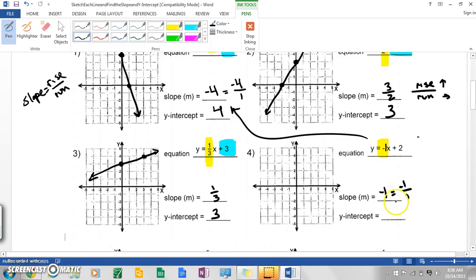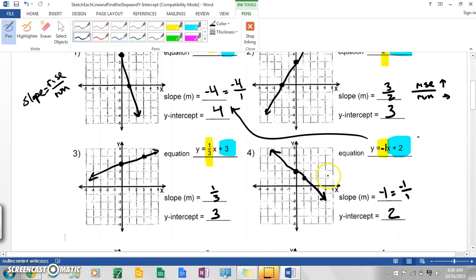So the slope in this case is negative 1, or negative 1 over 1. The y-intercept is 2. So we start at our y-intercept, 2. We count down and to the right. And you'll see that our slope is decreasing because it's negative. Our line is going down.